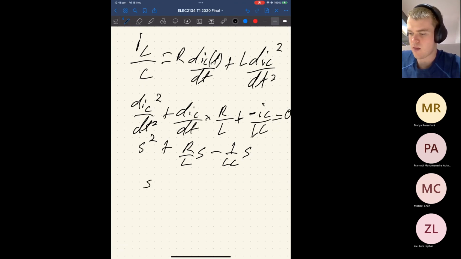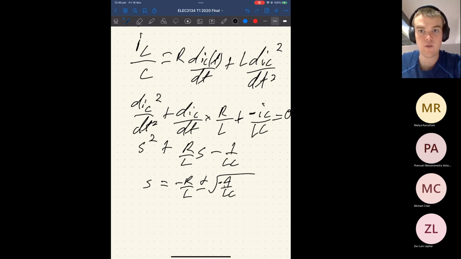I'm going to have s equal to negative R/L plus or minus the square root of 4 on LC, minus, that shouldn't have an s.